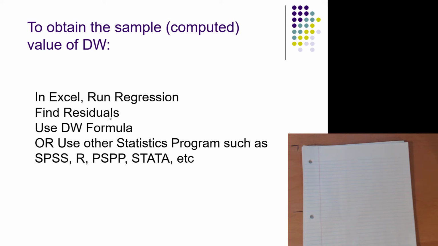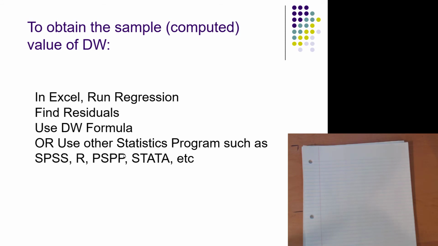The GNU project has a stats program that looks a lot like SPSS as well, PSPP. Those are all open source, so they're free. There are programs like Stata and so on, and they'll find the Durbin-Watson test statistic. You run your diagnostics, click a box, pick Durbin-Watson, easy peasy, out comes the number, and it's quick and set up.